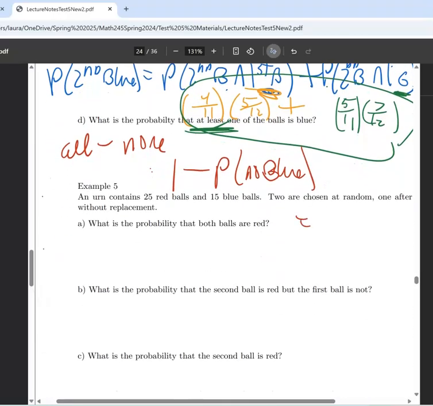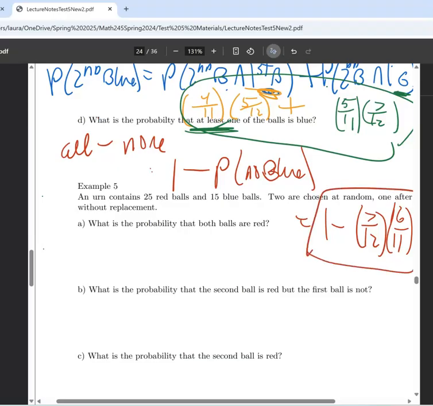So I would get 1 minus the probability of no blue from choosing 2, right? So the first go around, I'd pick 7 of the gray ones out of the 12. And then the next go around, I'd choose 6 out of the 11 left. So that's how I would get the probability that at least one of the balls is blue.